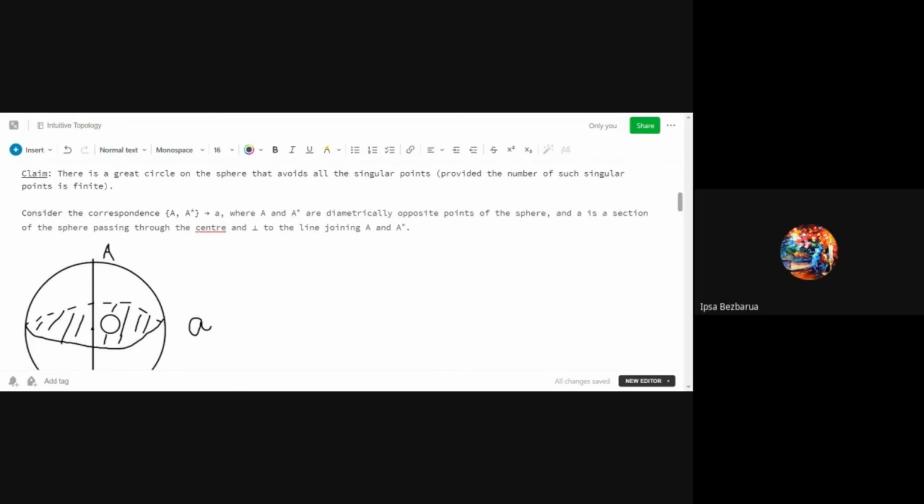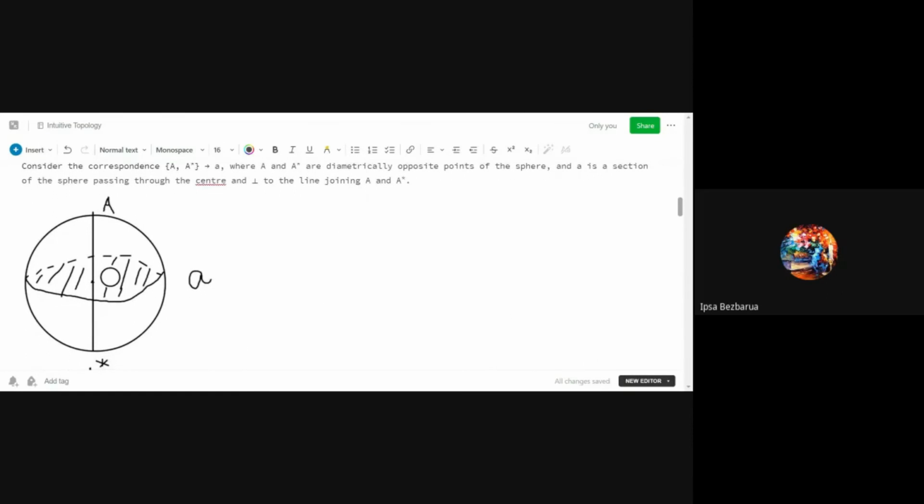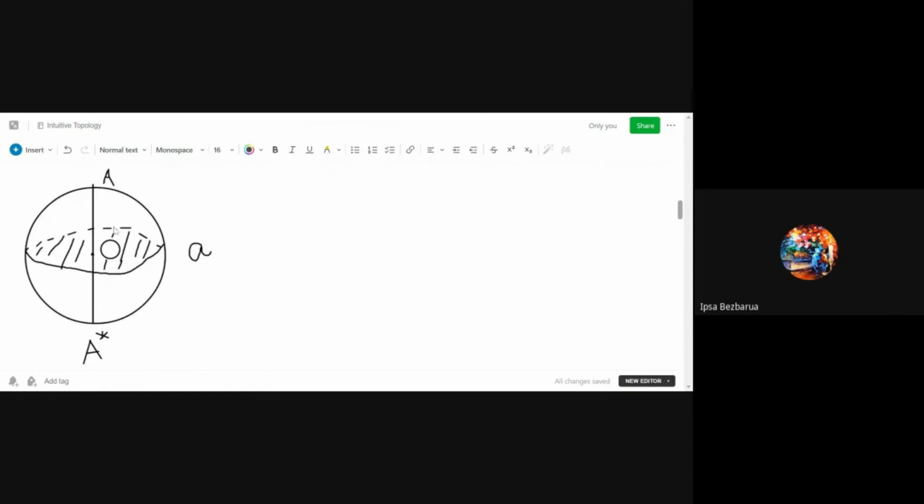So I'm considering a correspondence from A, A star to small a, where capital A and A star are any two diametrically opposite points on the sphere, and small a is a section of the sphere which is perpendicular to the line joining capital A and capital A star, and contains the center of the sphere.